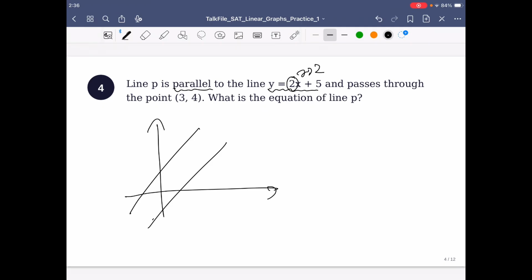That basically means line P has the slope of 2. That's just this whole piece of information. And it passes through the point (3, 4).